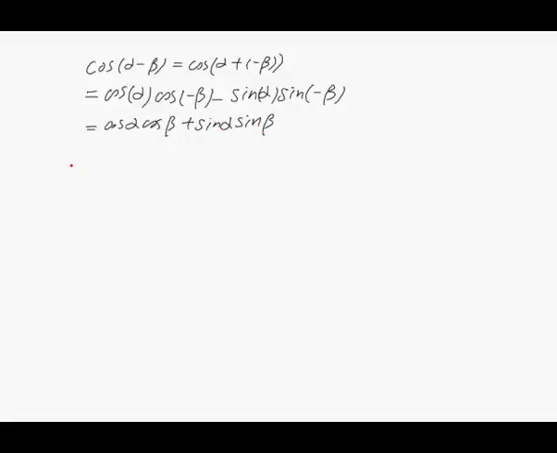So now we get the identity of the cosine of a difference: cosine of alpha minus beta equals cosine of alpha times cosine beta plus sine alpha times sine beta. And this is called the cosine of a difference.